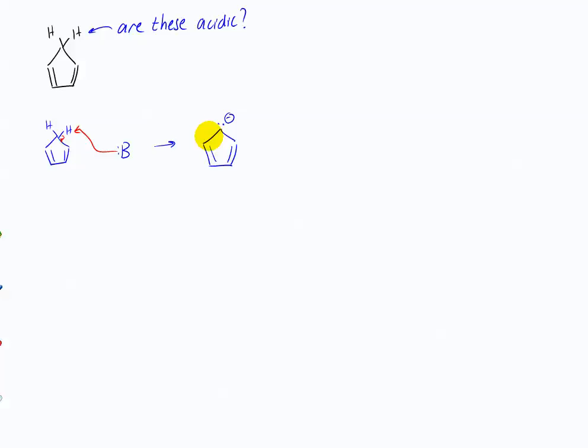And then what about the electron count? How many pi electrons? 6. So that's aromatic, right? Yes, that would actually make it a pretty good acid. The pKa of this molecule is 16, which is about the same as water.